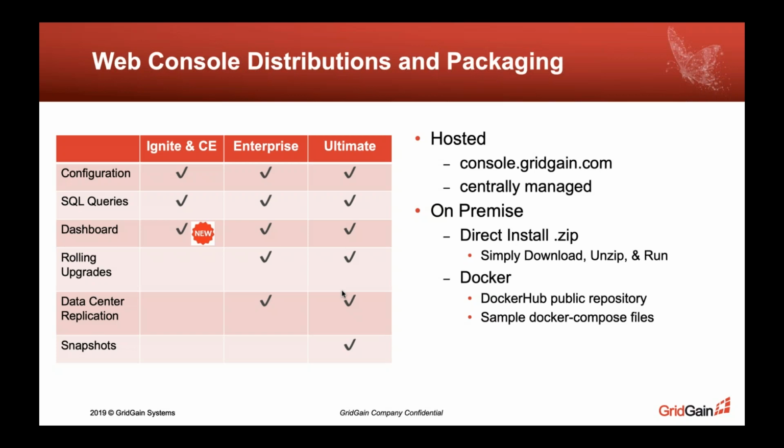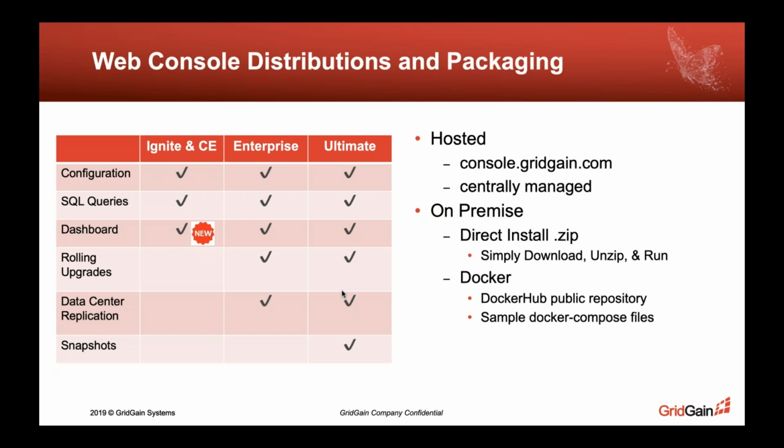A new thing that we added in this Web Console 2019 October release is dashboard metrics, which we've now made available to everyone. So if you're running Apache Ignite, or the free GridGain Community Edition, you can connect to your clusters, whether they're Ignite-based or GridGain-based.